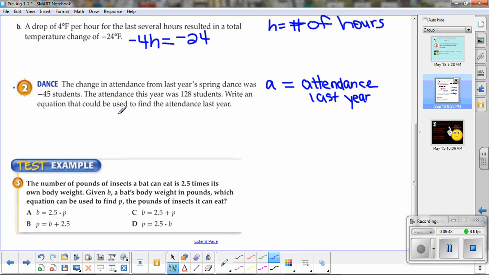Well, if we take last year's attendance and add to it the change, it should equal the new attendance. So last year's attendance plus the change in attendance is going to equal the attendance this year, which is 128.